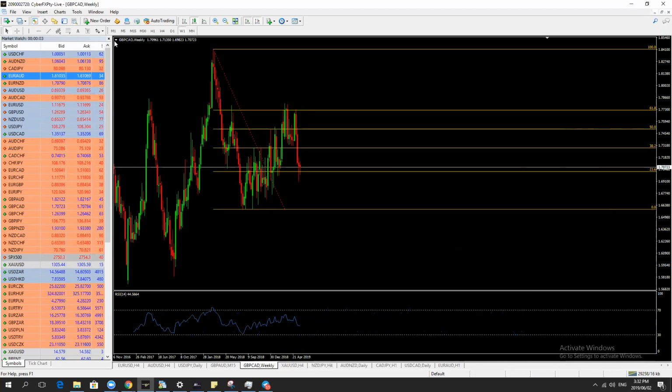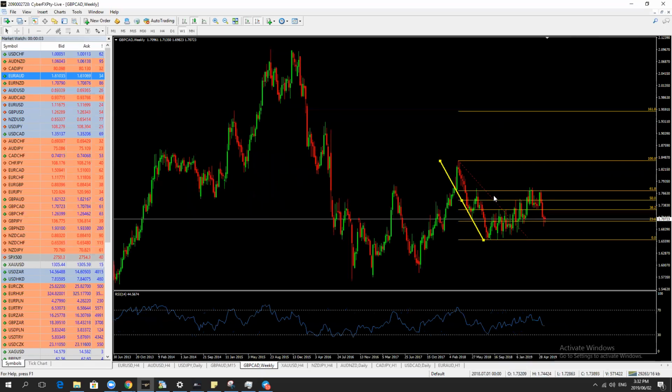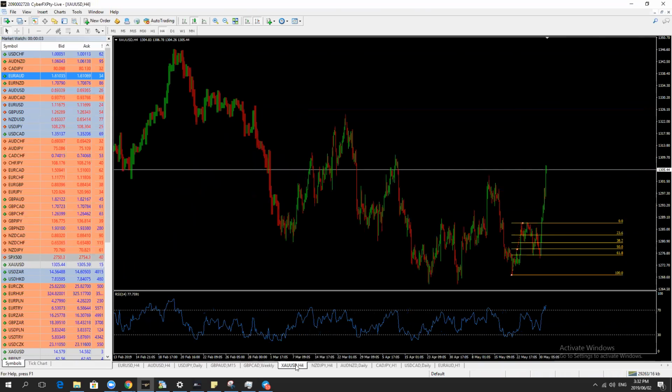This is GBP CAD. Last downtrend, retraced up on weekly. Guess where it turned? Fib zone. If I'm looking for a target, I'll probably look for the target distance till there. But it did turn at the Fib zone.